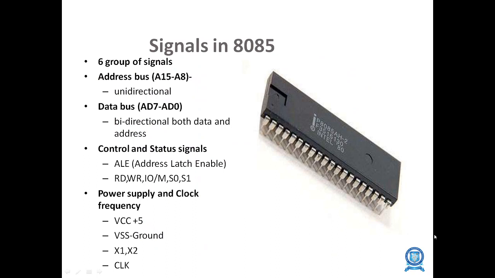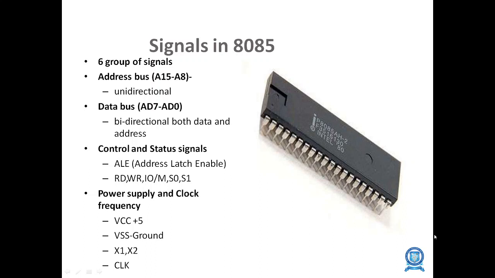So now the signals in the 8085 microprocessor. The signals are in six groups. The address bus A15 to A8 is unidirectional, and the data bus AD7 to AD0 is bidirectional, where both data and address can be transferred.